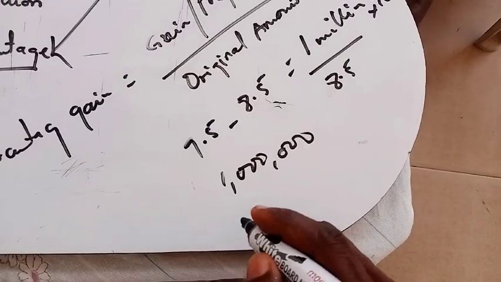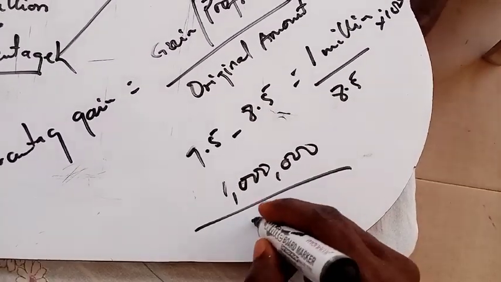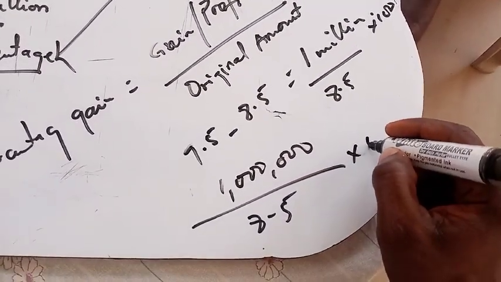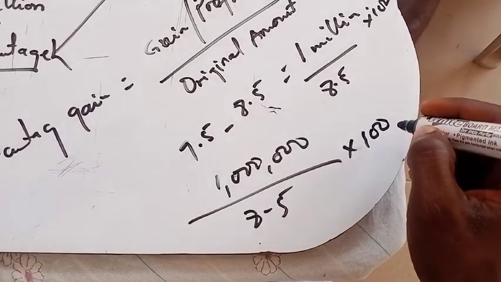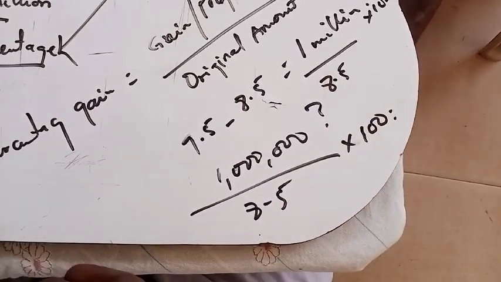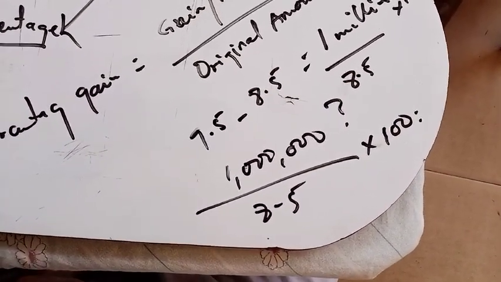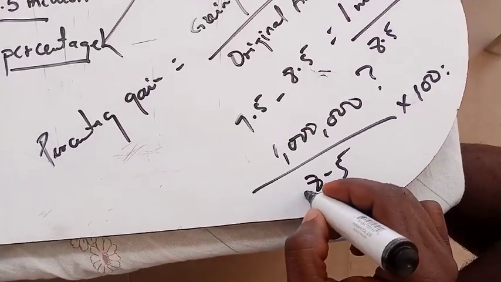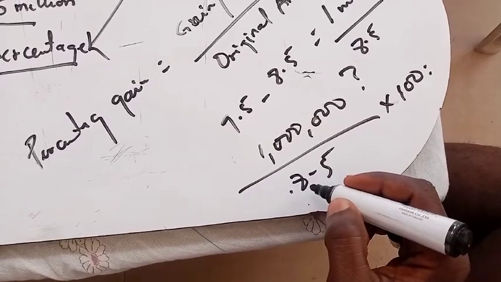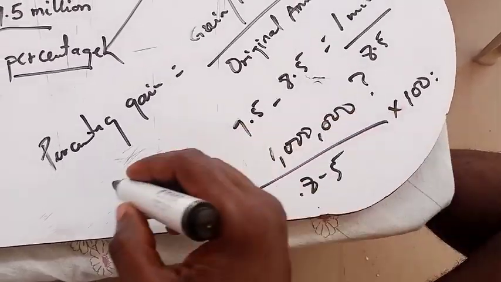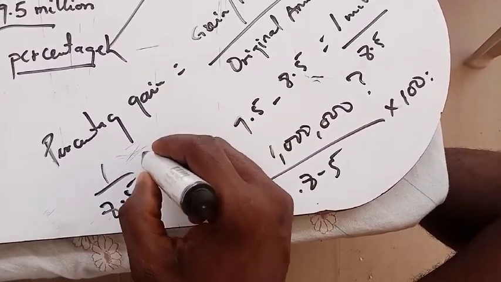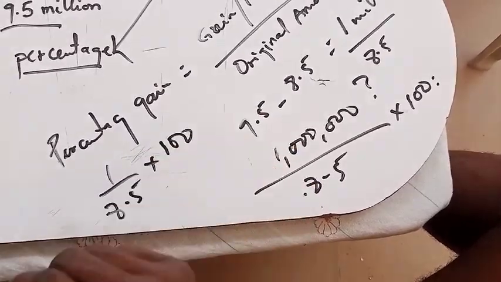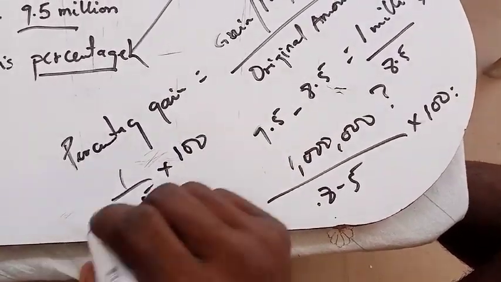Am I going to write this and then divide it by this and then multiply by 100? What do you think that should be? One thing you have to pay very close attention to is that this is already in a million, and this is already in a million. So if you cancel out, you are going to multiply by 100%. So this is how you should go.